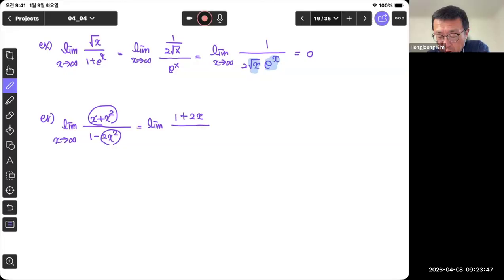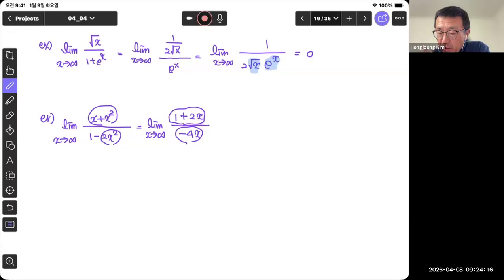When I differentiate negative 2x squared, you get negative 4x. And if you let x go to infinity, at this point, the newly obtained numerator 1 plus 2x still diverges to infinity, and the denominator negative 4x also decreases to negative infinity.